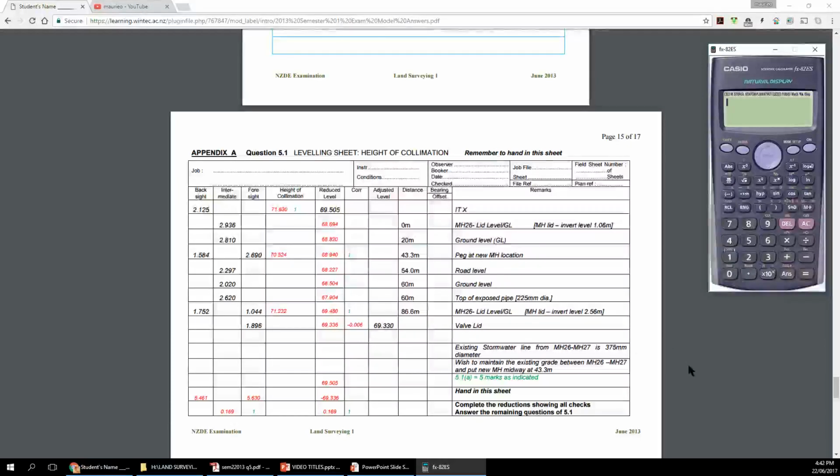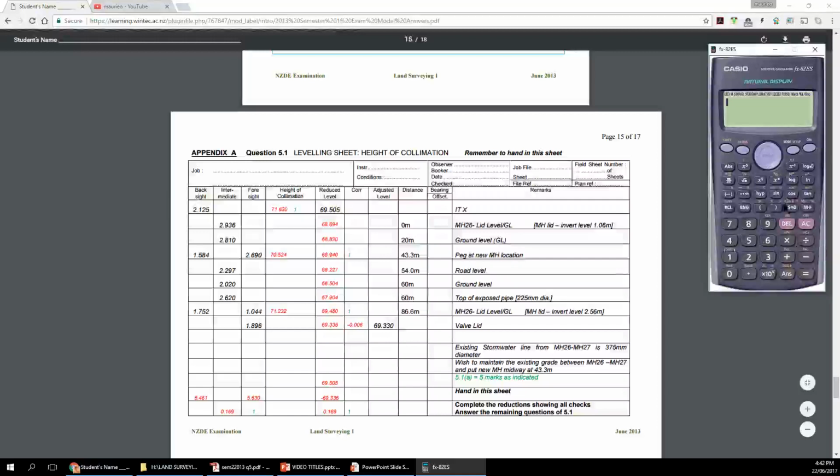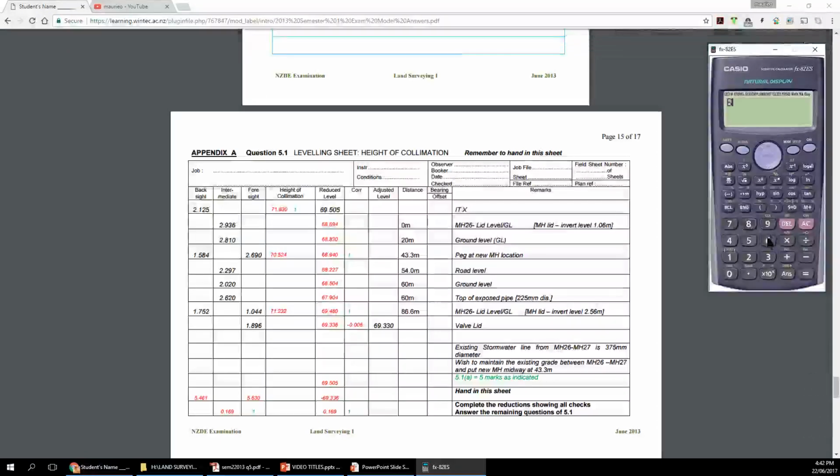Okay, so what the height plane of collimation does is it essentially finds out the RL, if you like, of the level. So this is the starting level here, 69.505.